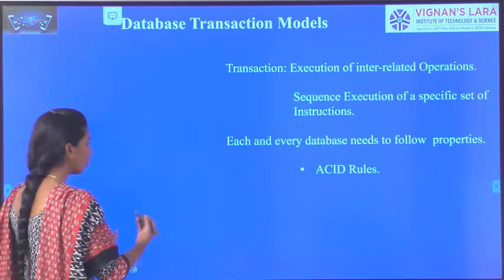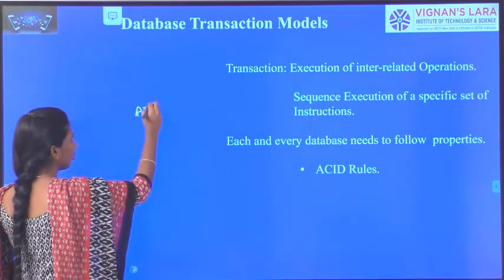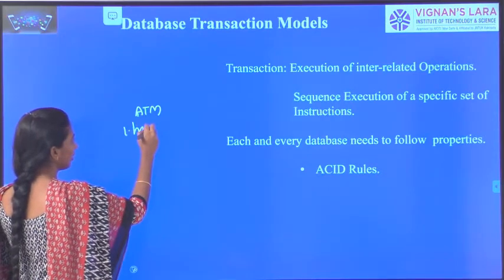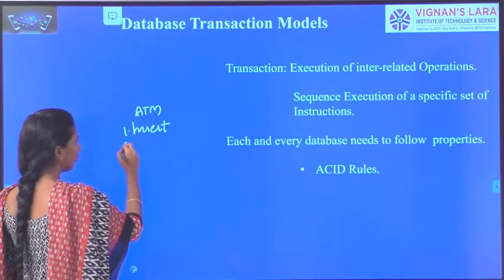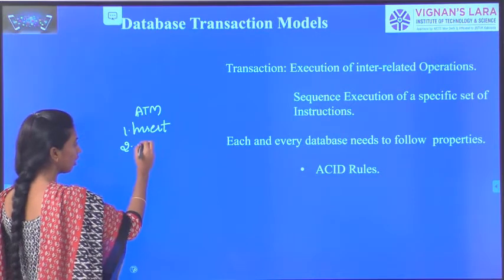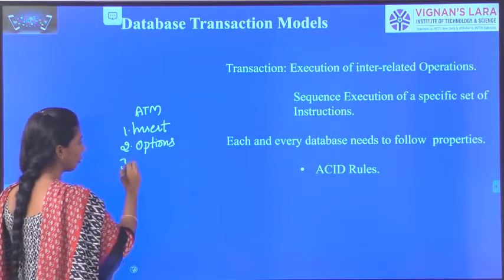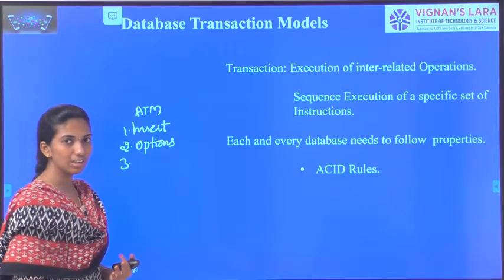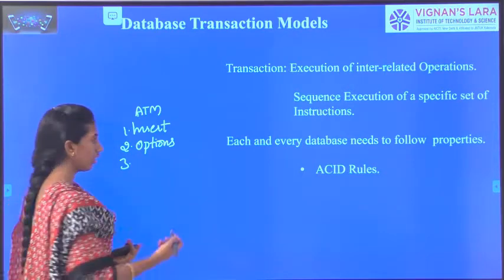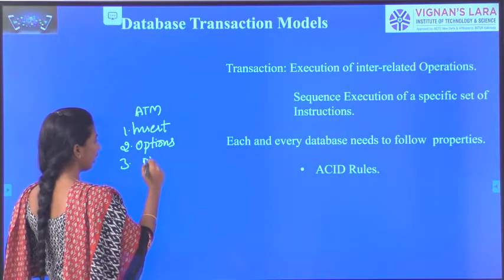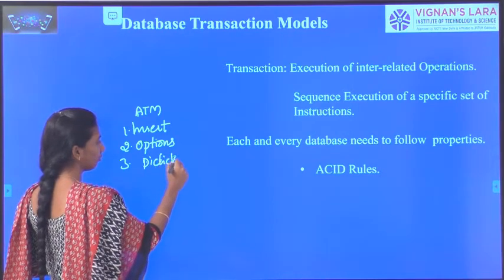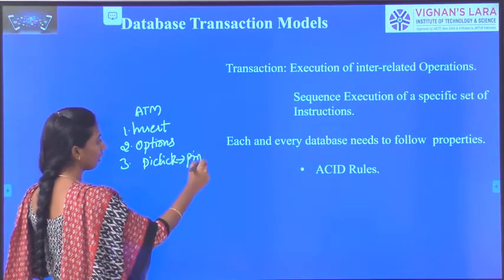Right. So if we go for ATM, what are we going to do? First thing is we are going to insert a card. Next, what are you going to do? You are going to specify the options that are present. So that means which operation we need to perform. And third thing is if it is a mini statement, you are going to click on the mini statement and then enter the pin.